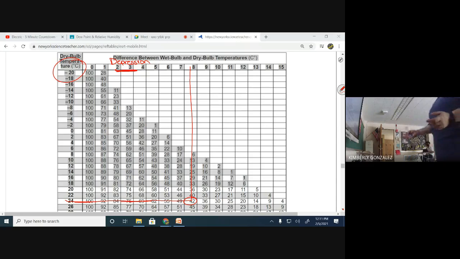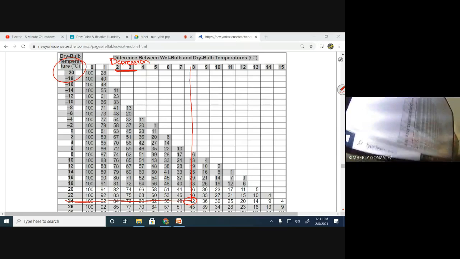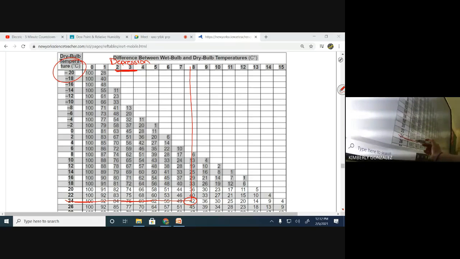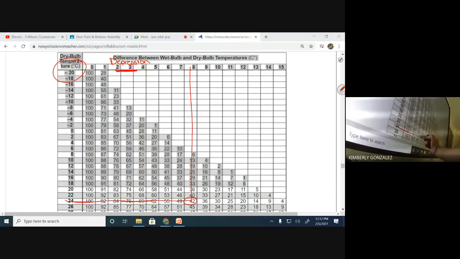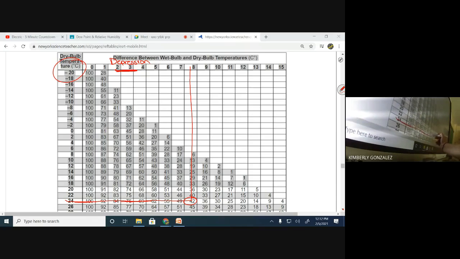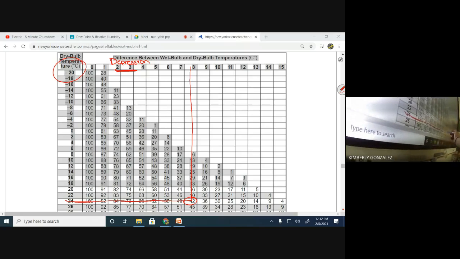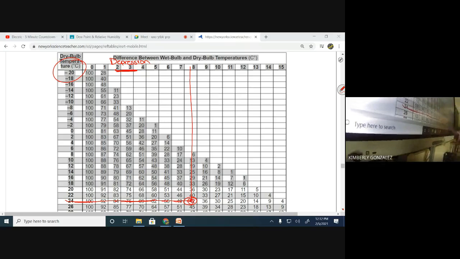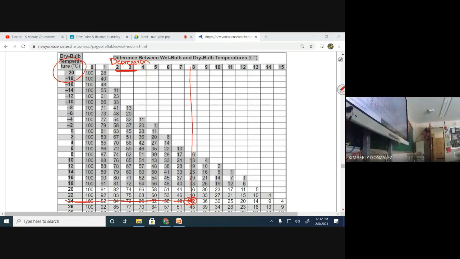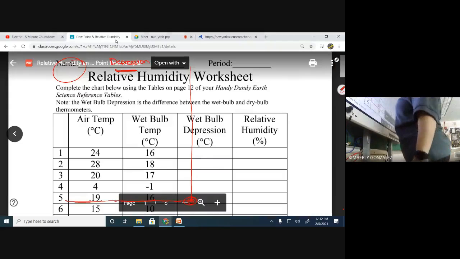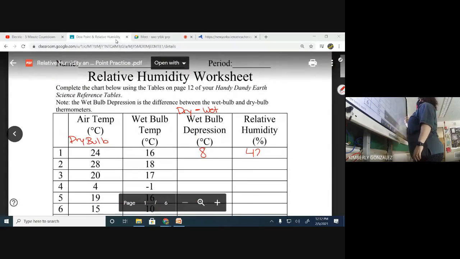You literally say to yourself, okay, this is 0, so I have to move 1, 2, 3, 4, 5, 6, 7, 8. So my answer should be 42%. So for this one, it should be 42%.